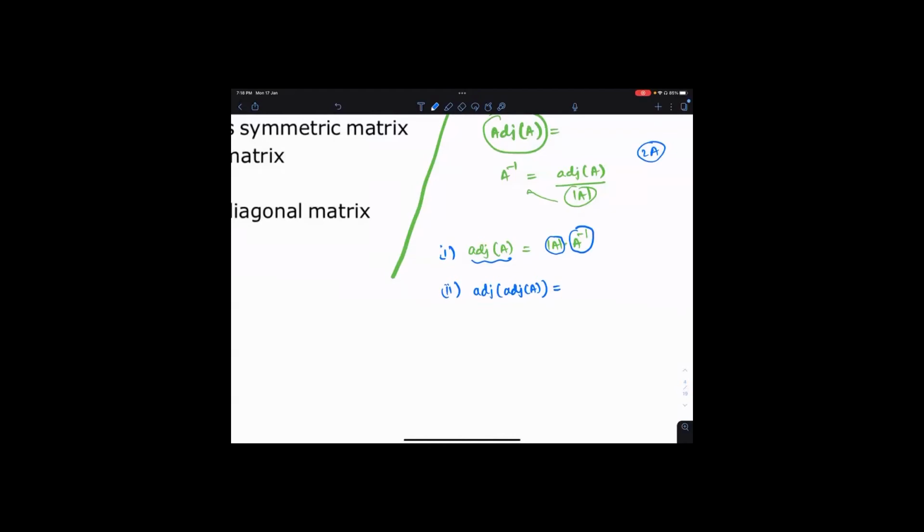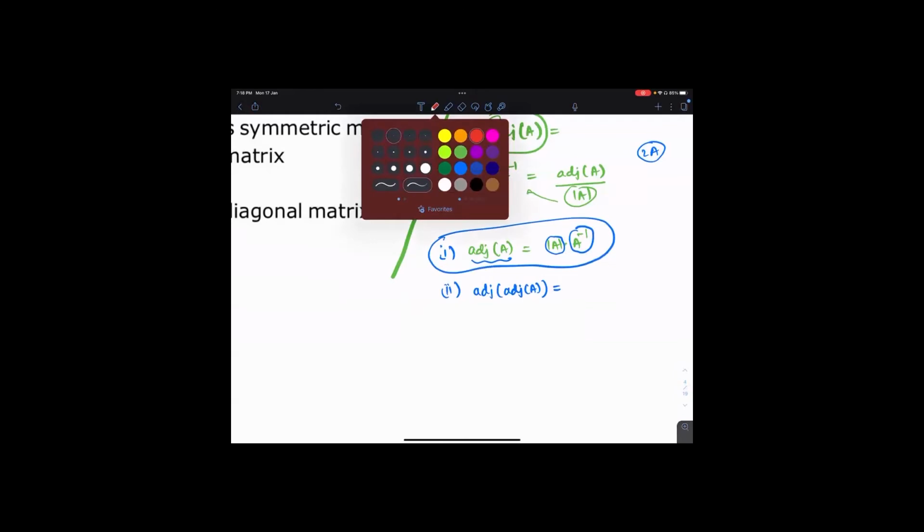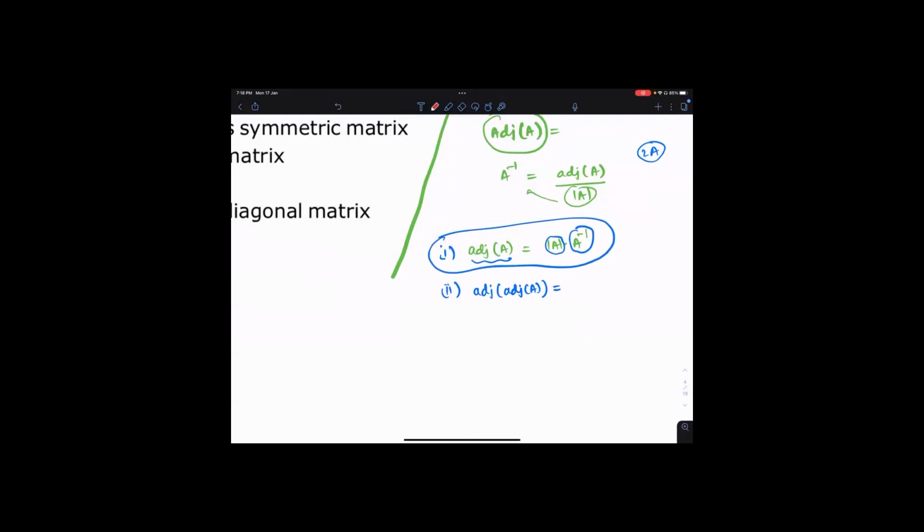You have to understand the first statement like this, then the next ones will be easy: the adjoint of any matrix is det of that matrix times its inverse. That's all.